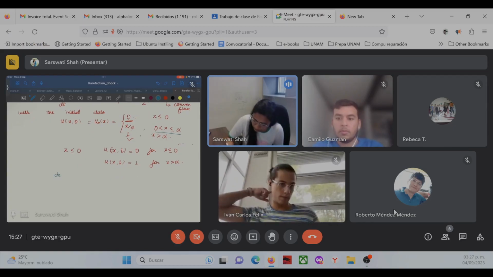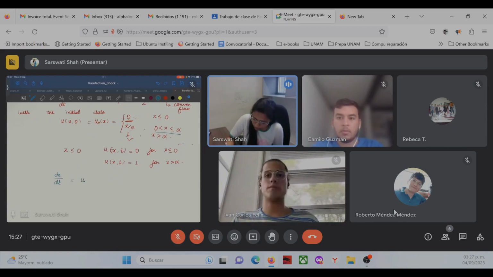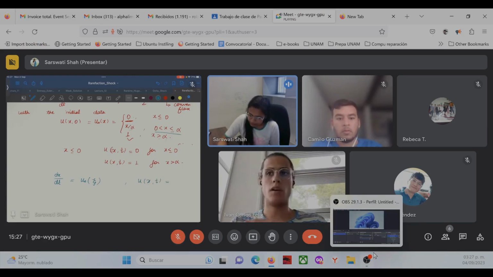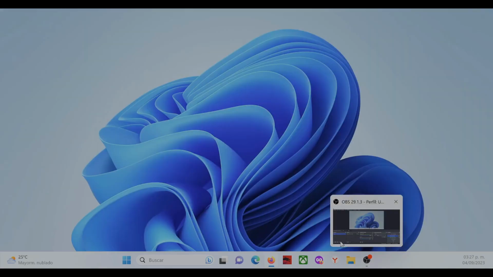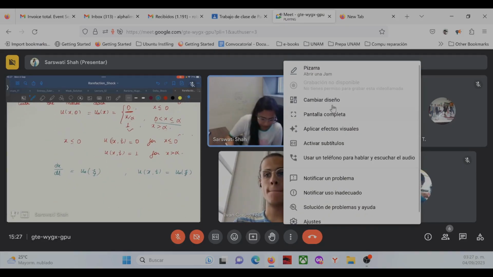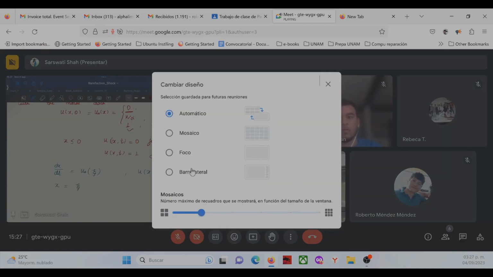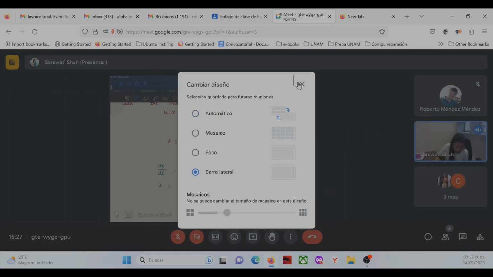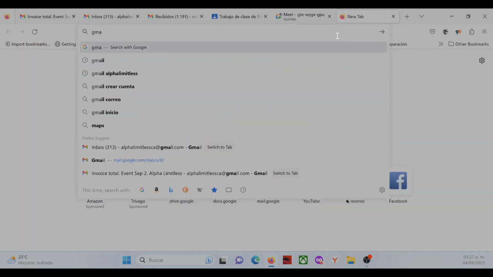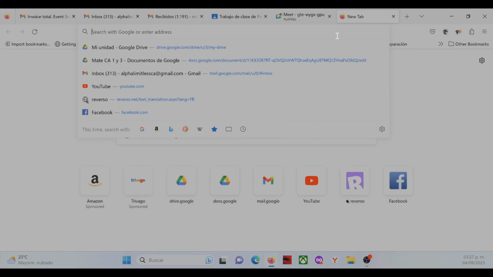So dx over dt is going to be u naught of xi, and u(x,t) is going to be u naught of xi. The solution is going to be u naught xi, and xi will be found like this: x equals xi plus t u naught of xi, or xi equals x minus t u naught of xi. We are solving the problem in this range.